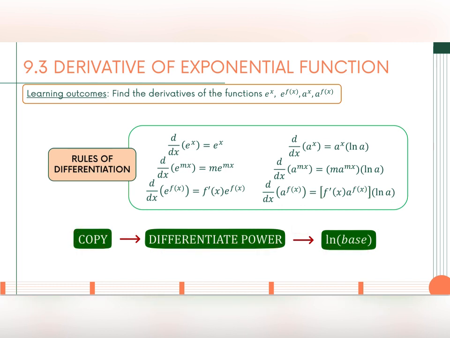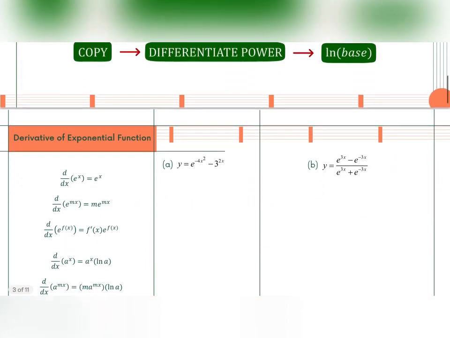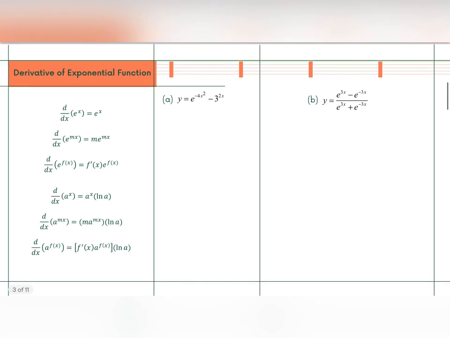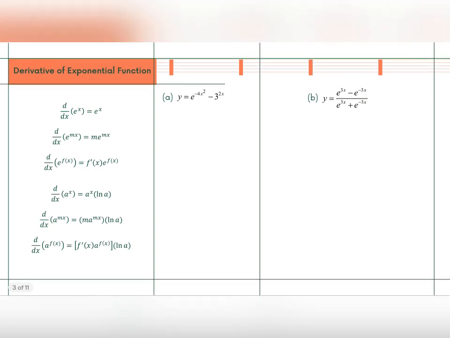Okay, now let's try to apply what we have learned from the rules of differentiation. Untuk soalan yang pertama, derivative of a function, soalan A. Ini adalah benda yang sama dengan tadi dekat muka surat sebelah. So we want to differentiate y equals e to the power of negative 4x squared minus 3 to the power of 2x.